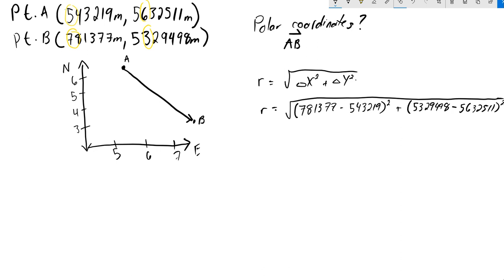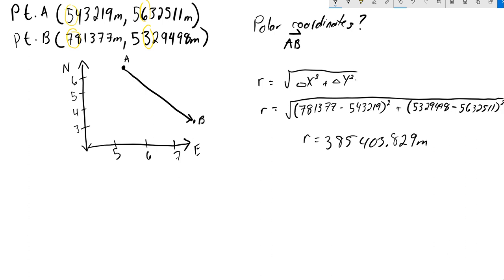So as you've put that into your calculator, or if you're using any other software to do that, the answer, the radius, is equal to 385,403.829 meters. Okay, so that's the radius.